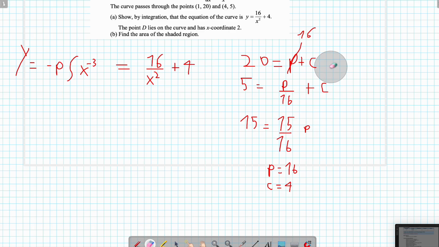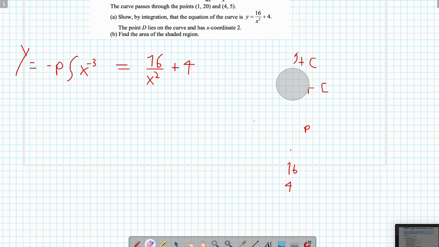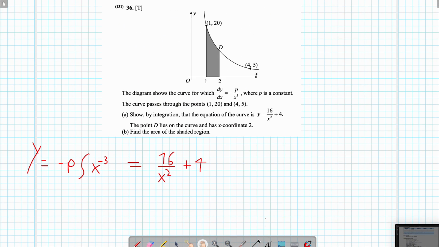The point D lies on the curve and has x coordinate 2. Find the area. Area is not included in this section, but I'm gonna do it anyways just in case it comes. So we're going to integrate the shaded region, which is from 1 to 2.